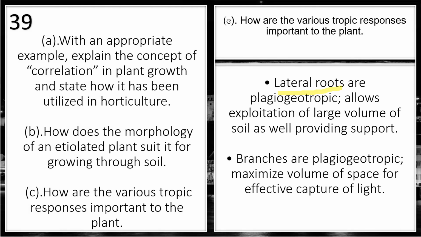Lateral roots are plagiogeotropic, allowing exploitation of large volumes of soil as well as providing support. Branches are plagiotropic, maximizing the volume of space for effective capture of light.